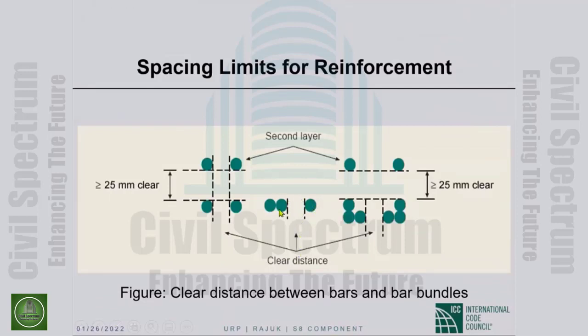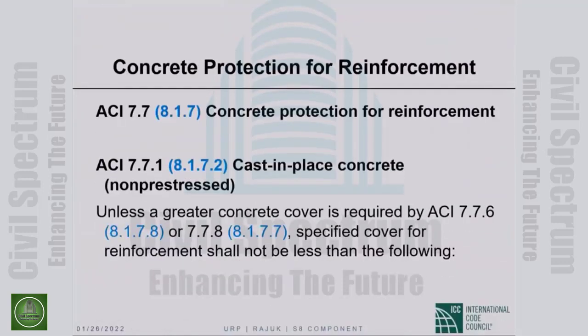So this is like a single bar, this is a single bar, and this is the spacing. We talked about the requirement. Here, a bar bundle, above that a single bar, a bar bundle, above that a single bar. This spacing we talked about, and that spacing we also talked about, larger than or equal to 25 millimeters clear.